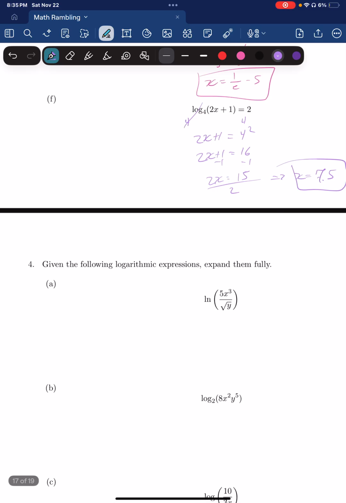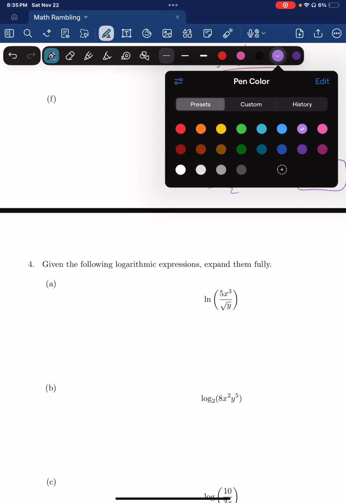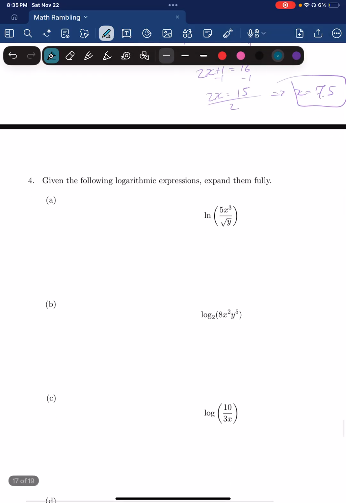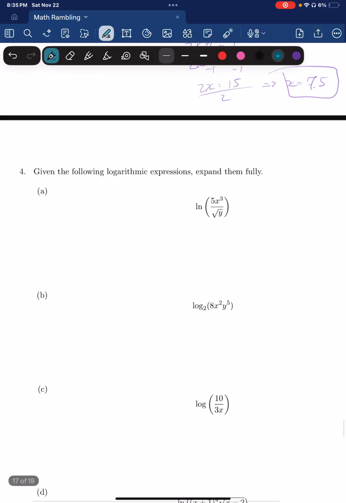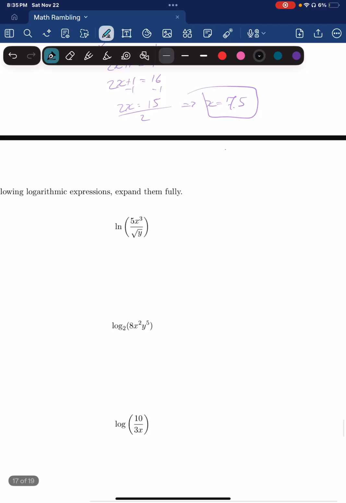Now, we have some expanding to do. I really like this, actually. I like doing this. We get to use all of our log rules. So, let's remember our log rules. We have ln of x plus ln of y equals ln of xy. We have ln of x minus ln of y equals ln of x over y.